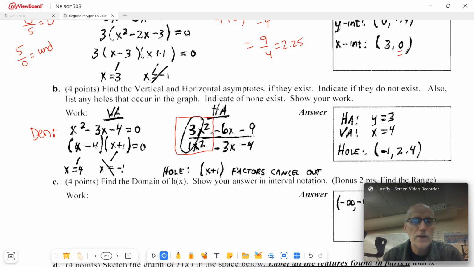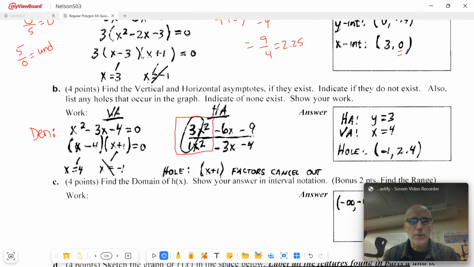So since the degree in the numerator is 2, the degree in the denominator is 2, the equal degrees mean that at very large numbers, like 10 billion squared divided by 10 billion squared, those two guys are going to kind of even each other out. The rate at which the numerator is growing and the denominator growing is kind of the same, except that the numerator is always just 3 times bigger than the denominator. So the horizontal asymptote is y equals 3.